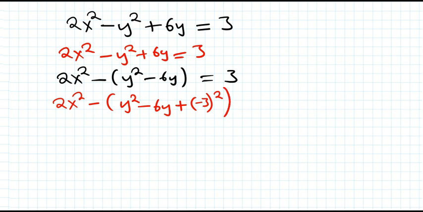Okay, and then I'm supposed to add the other one on the other side, so plus, and then that would be a minus 3, which is squared, right? Okay, and then what do we have now?